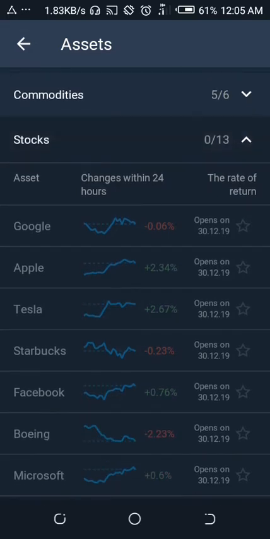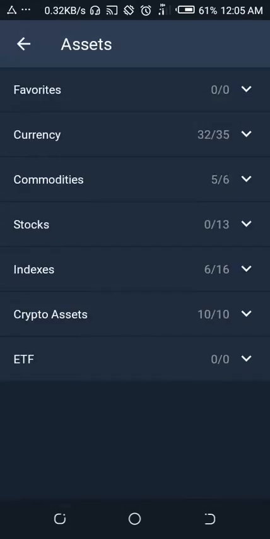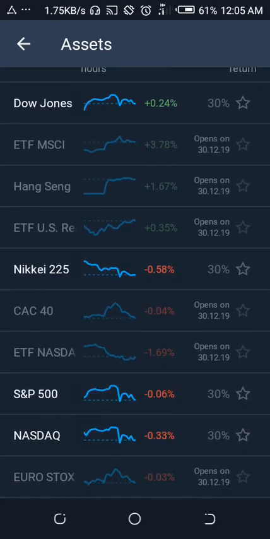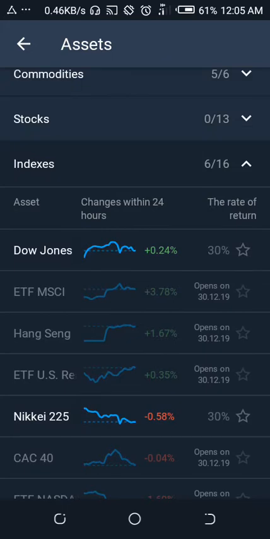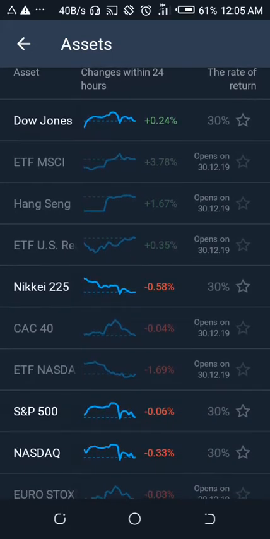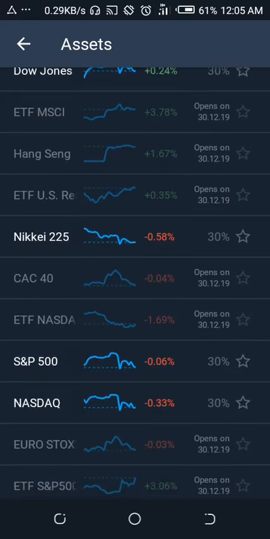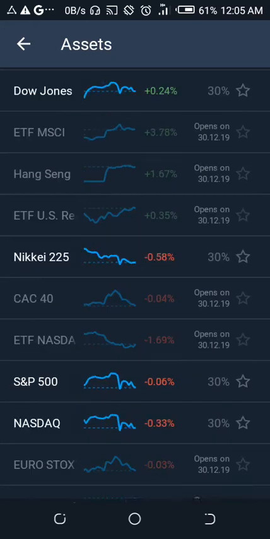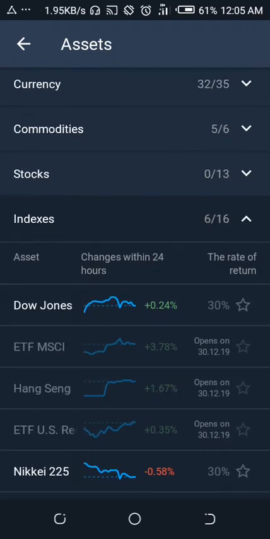Also on Trade, you can trade on indices. These are the list of the indices. As you can see, Dow Jones, ETF, Nikkei, S&P 500, Nasdaq. These are the indices listed on the Trade app.